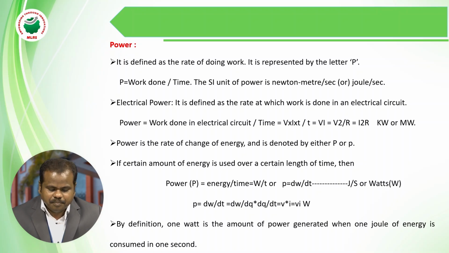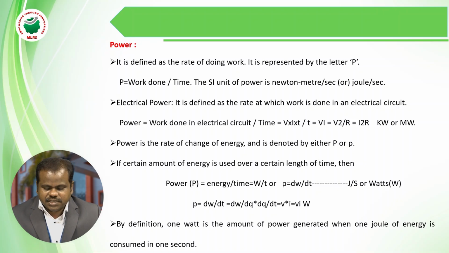Power in an electrical circuit is the work done in the circuit divided by time. The work done is the product of voltage, current and time, and therefore the ratio is equal to V into I. The unit of electrical power is kilowatt or megawatt.